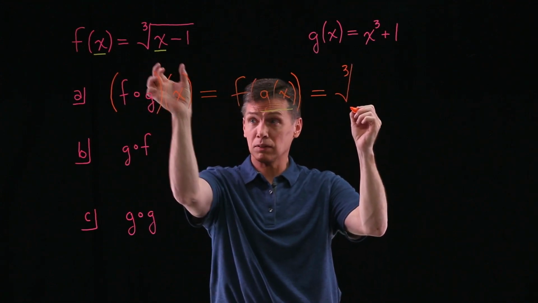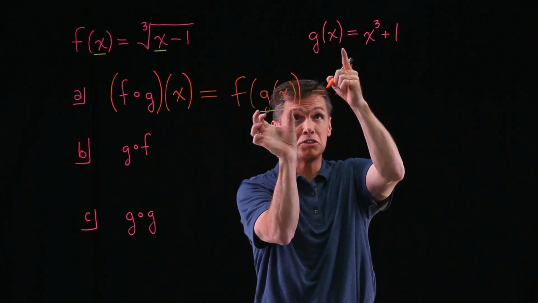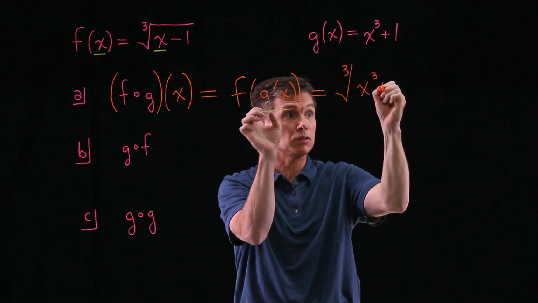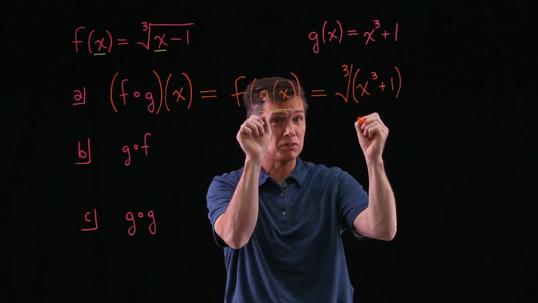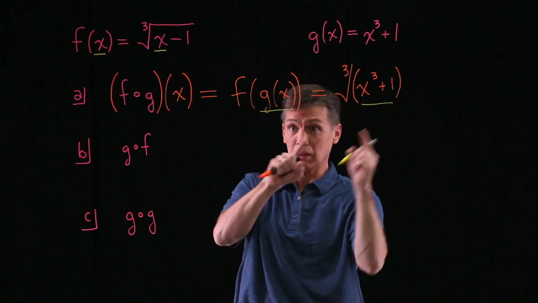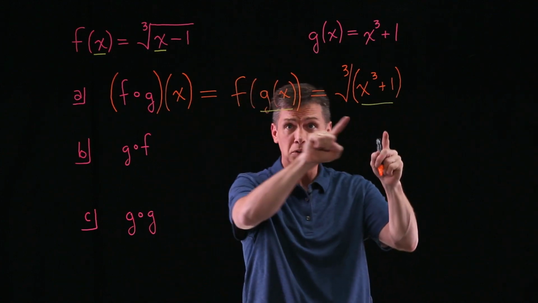But instead of x, I plug in the argument here, which is all of g of x, x cubed plus 1. Put parentheses around that for organization if it helps, because that's the argument that I'm seeing in my f of x in the step before. Now where was I?